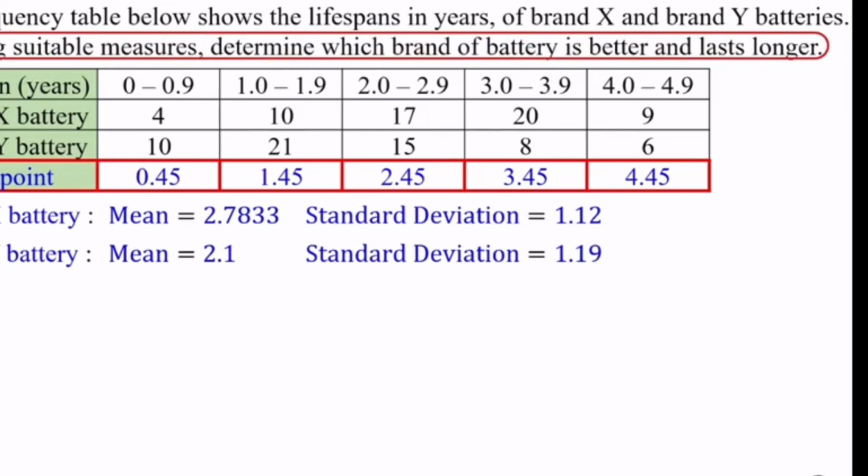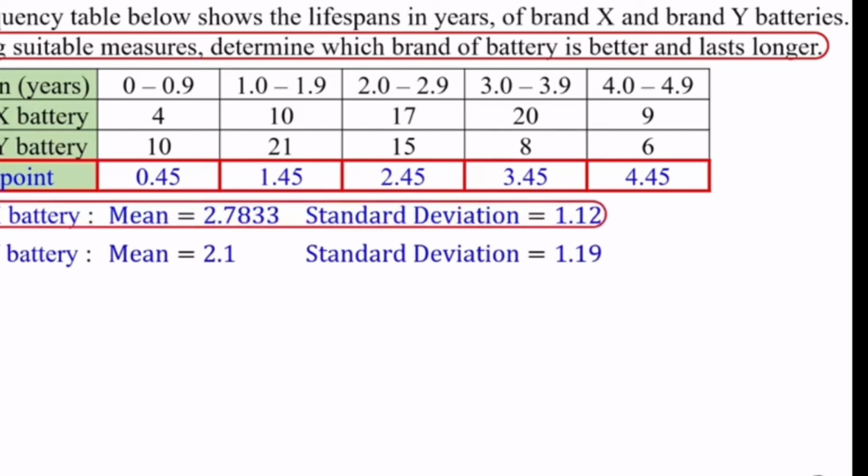So the smaller the standard deviation, the more consistent, right? So based on the smaller standard deviation, we will determine which brand of battery is better and lasts longer. So your answer is brand X for sure, because the standard deviation for the brand X battery is just 1.12.